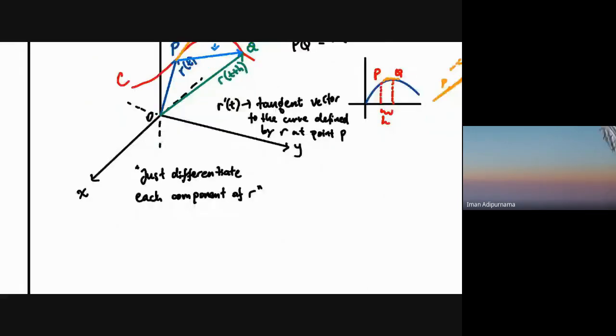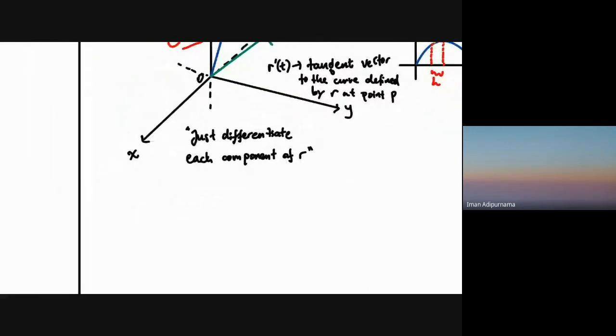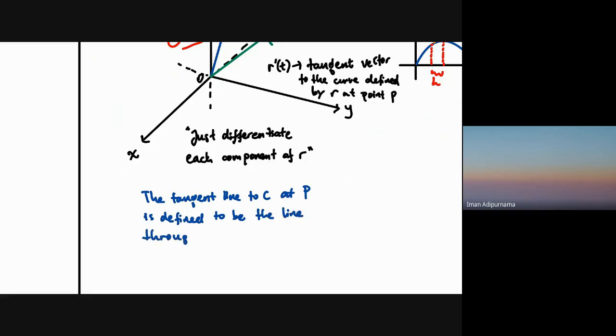We can also say the tangent line to C at point P is defined to be the line through P parallel to the tangent vector.